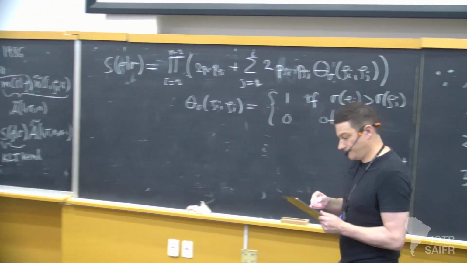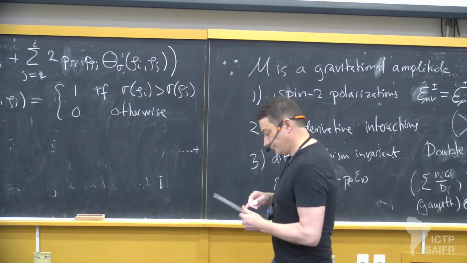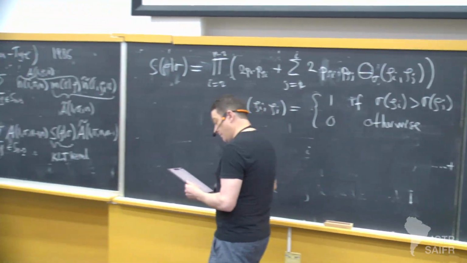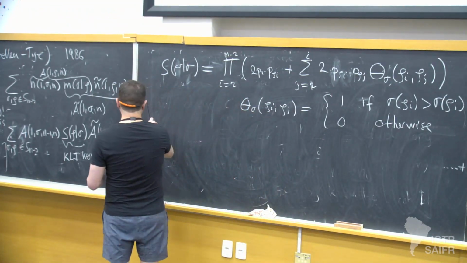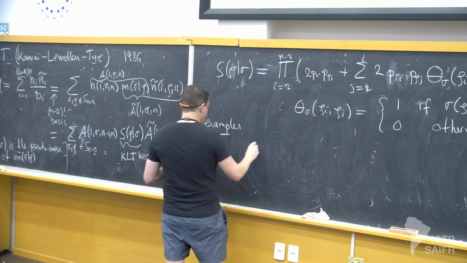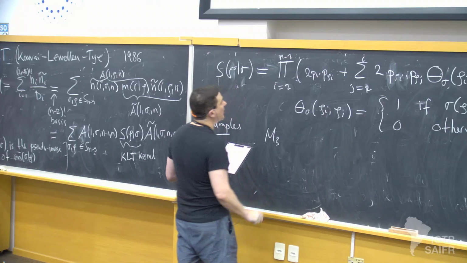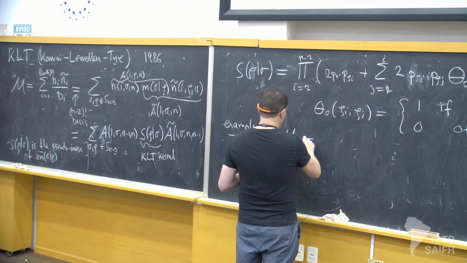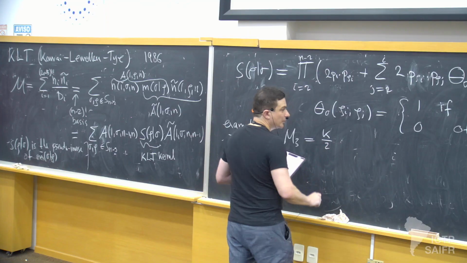Any other questions? So let me give you some formulas. This might be a bit too cryptic, so I'll give some examples. So M at 3 points, I guess maybe it should be curly M, whatever. So let's also put this kappa over 2.